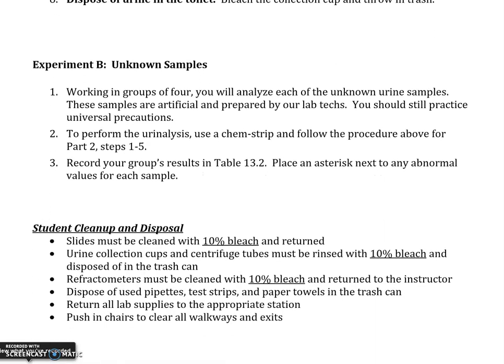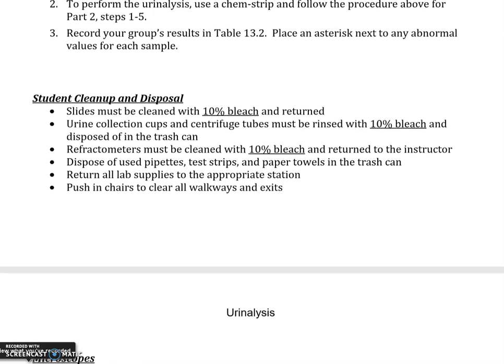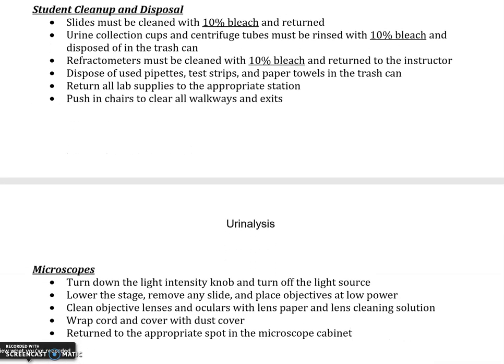Some people like to do it and take a look at their urine sediment under the microscope, but it's usually optional. And then experiment B is taking a look at unknown urine samples that you would have been given, and you would have put the dipsticks into these unknown urine samples and found whether there's glucose or protein or some other substances that shouldn't be there, and do a preliminary analysis of that.